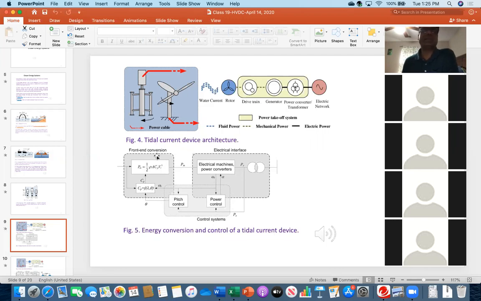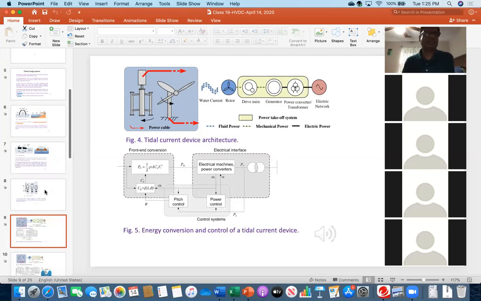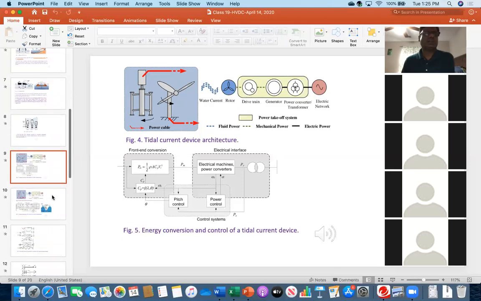So this is a representation of that system. You need not be much worried about it. Just try to understand this flow diagram, how the tidal current or the current energy from the ocean can be converted into electric energy.